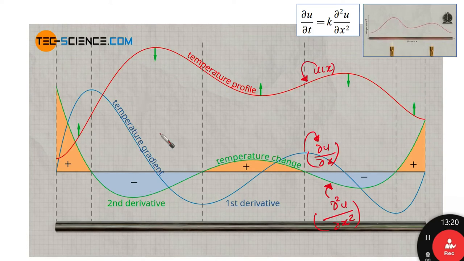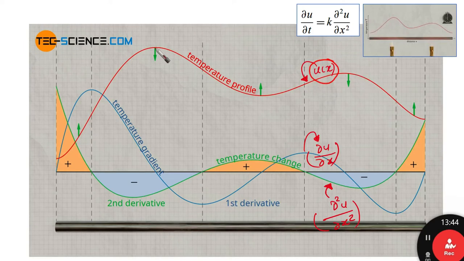It was hot here, in this area. It was hot also here, and in between there is a gradual change of temperature. We call this u of x, the function in terms of x.